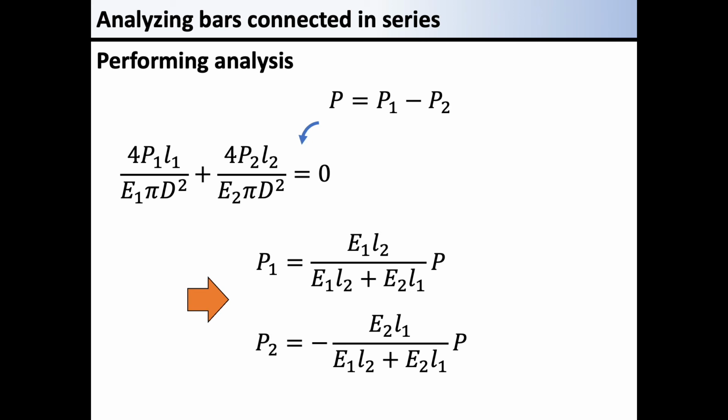One is the equation which was already introduced, that describes that the total elongation of the bar is 0, and the other is P1 minus P2 equals P, as simultaneous equations. Then, we obtain the loads P1 and P2 as these equations.